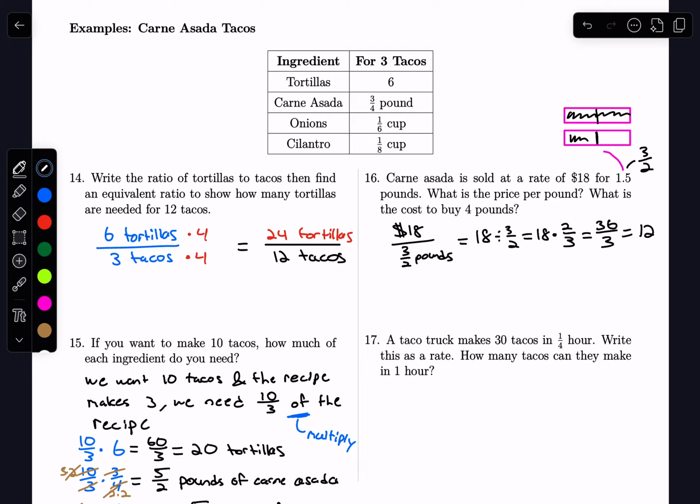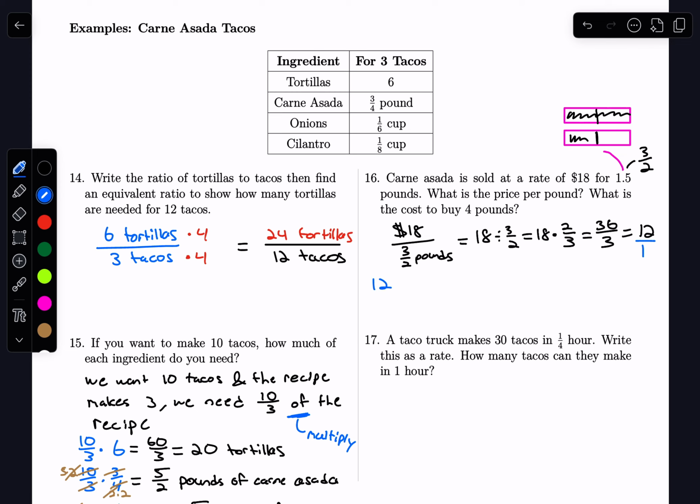So now that 12 has no units on it. So real quick, let's say what that 12 means. We started off with $18 for 1.5 pounds, and we ended up with just the number 12. Well, that number 12 is really 12/1. We're just usually too lazy to write that over 1.